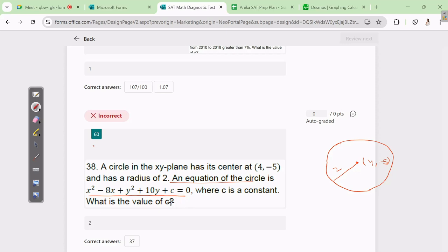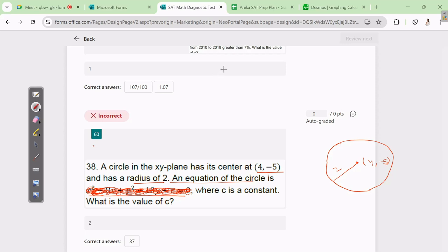Here, first what you can do is, Anika, see here they have given us the center and the radius both, right? Even if you don't have this equation, let me just hide this equation for a second. Can we not find out the standard equation because of the center given and also the radius?